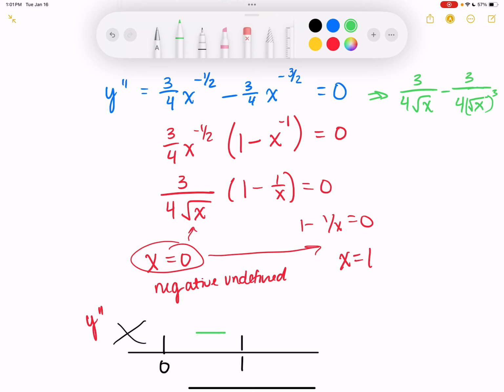Alright, what about over here? Let's use a 2. Oh, wait, actually, I was gonna say, maybe use like 4. Might make your life a little easier. Yeah, 4.